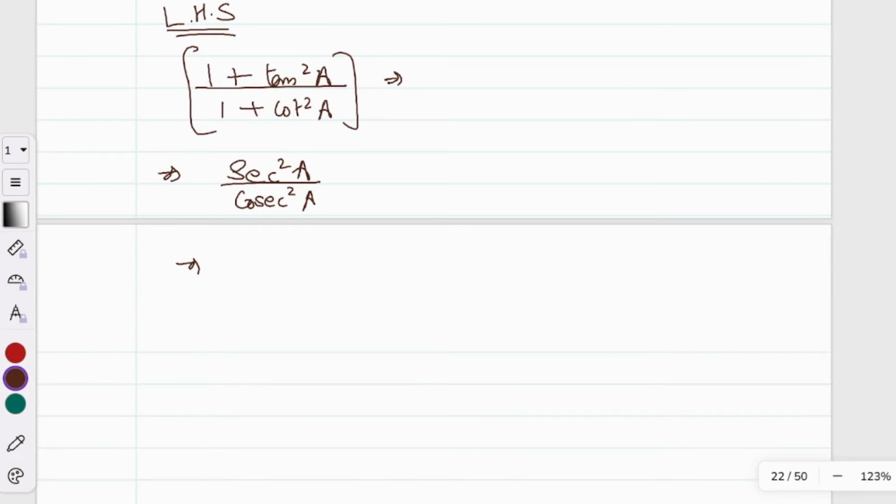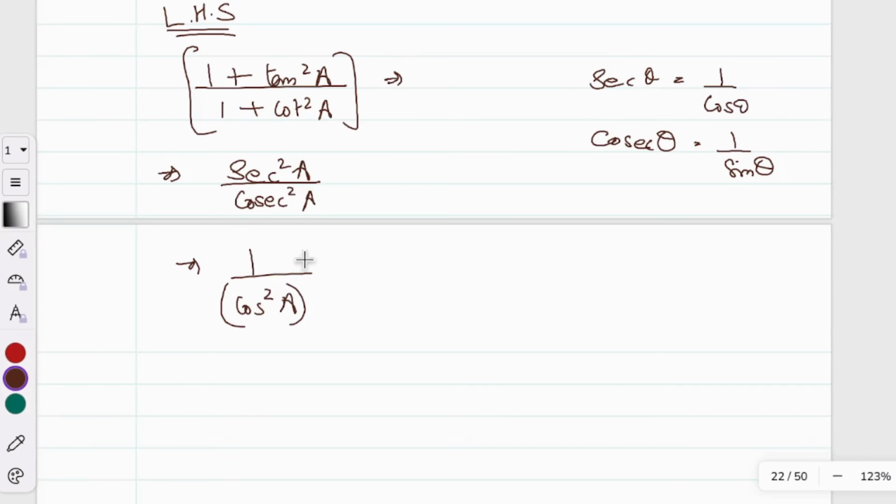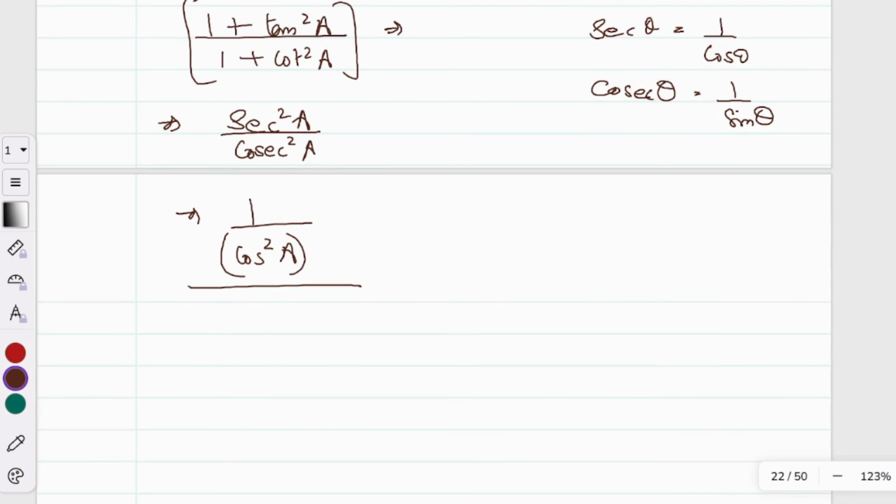Now let me check what sec theta is. Sec theta equals 1 by cos theta, and cosec theta equals 1 by sin theta, right? So sec square A can be rewritten as 1 by cos square A, divided by cosec square A, which is 1 by sin square A. Clear?